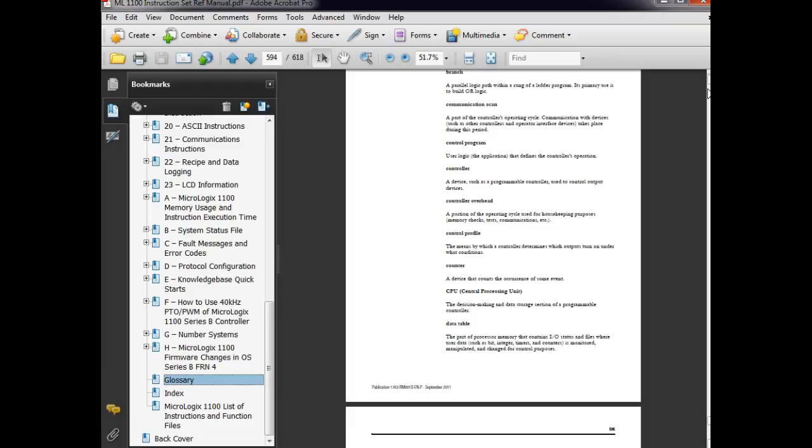This book right here, no, I don't even see it.